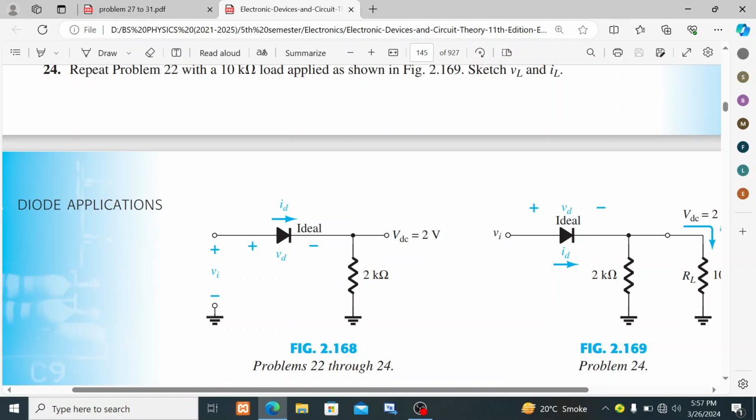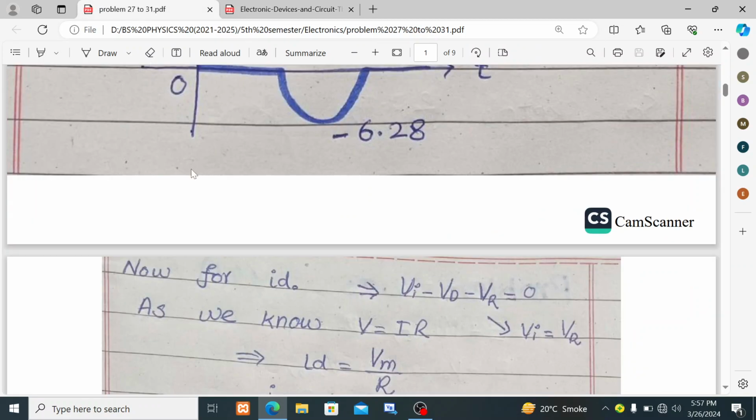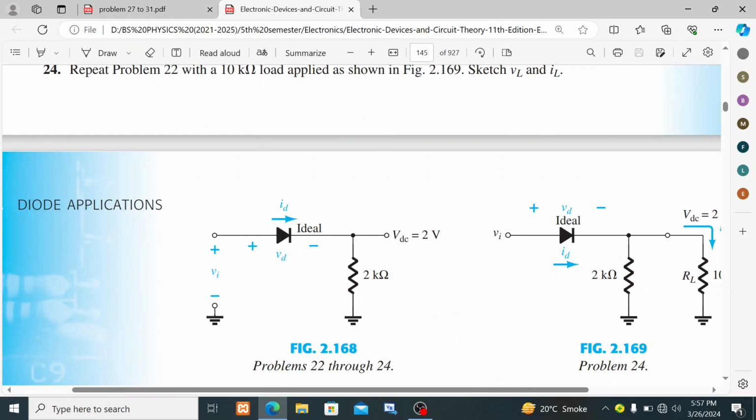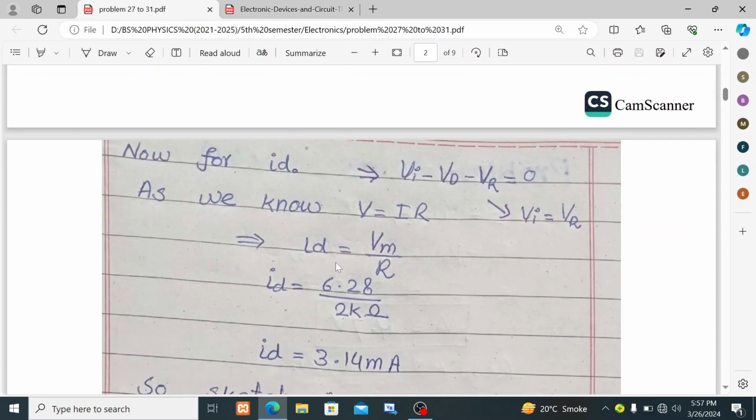So we first find VR, the potential due to this resistance, and then we can find the current. From the figure, Vi minus Vd minus Vr is equal to 0 due to this loop. So as Vd is equal to 0, Vi is equal to Vr.